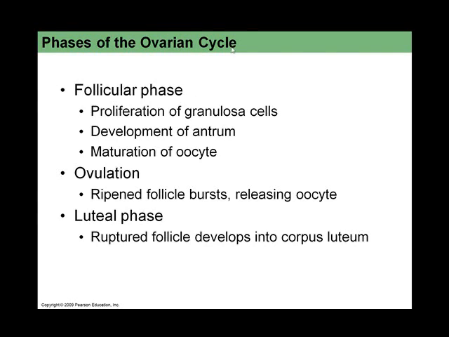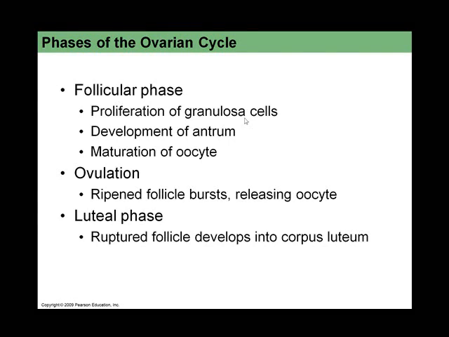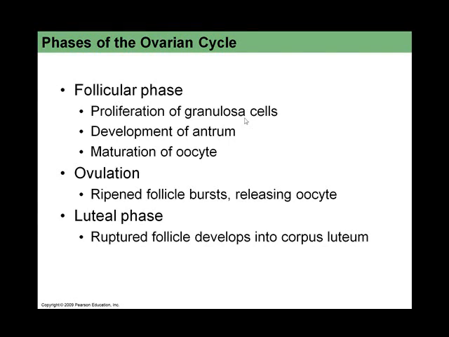So the follicular phase of the ovarian cycle includes proliferation of the granulosa cells. So I like to remind ourselves that there is a recruitment and development of primary follicles in the follicular phase. And within those follicles that are recruited, there will be proliferation of granulosa cells.